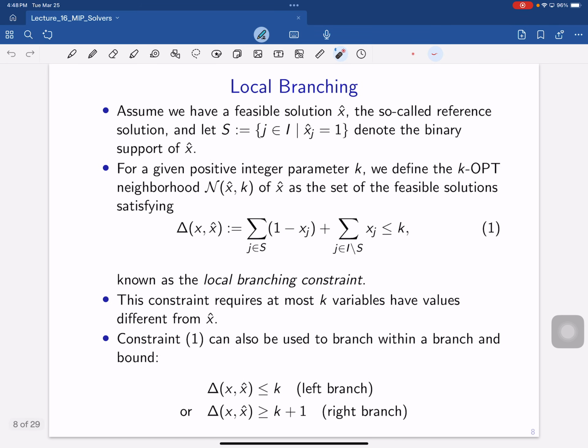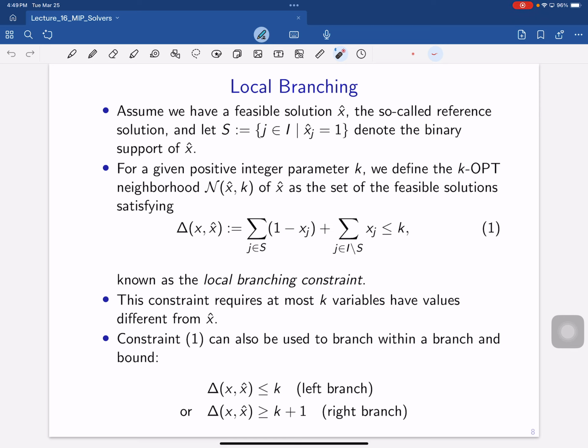Now, a less trivial heuristic is so-called local branching. This can be applied to mixed integer linear programs with just binary variables. Before looking at the math, the idea of local branching is also neighborhood search.